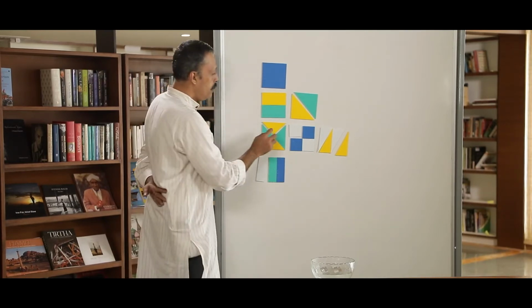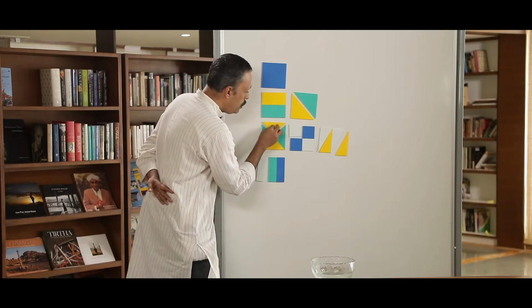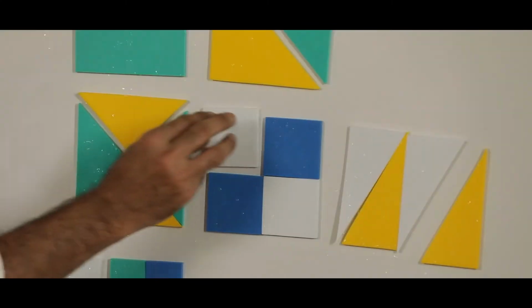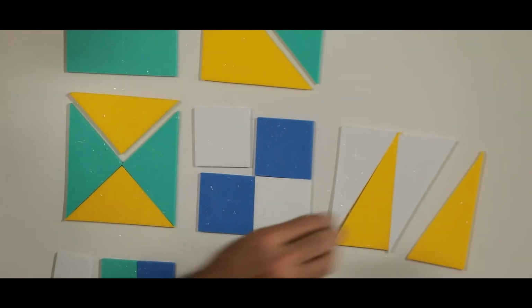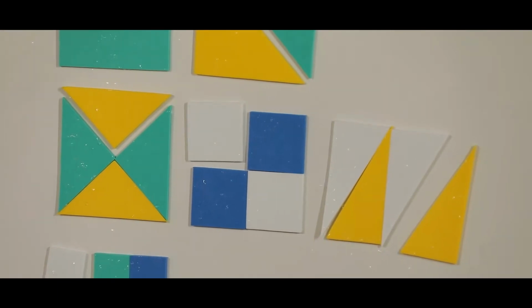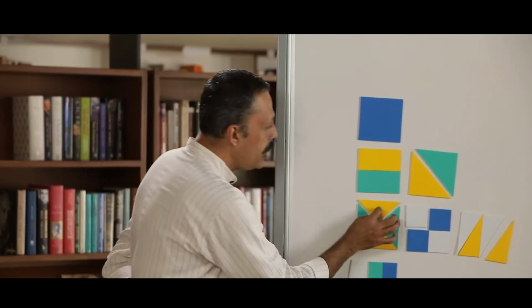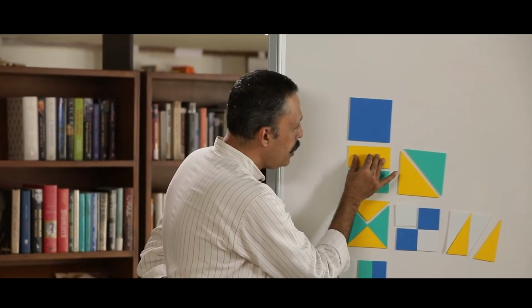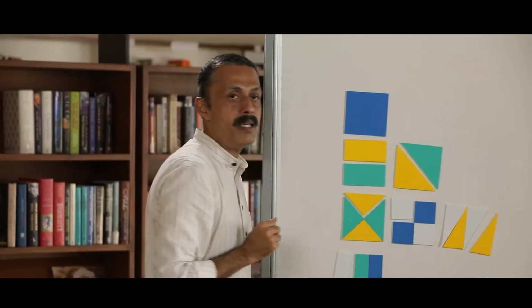So, if I ask, is this 1/4 equal to the other 1/4? Is it equal? How would you answer? All these 1/4s are equal to each other. Similarly, is this half equal to this half?